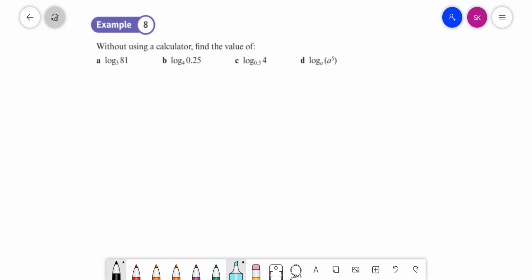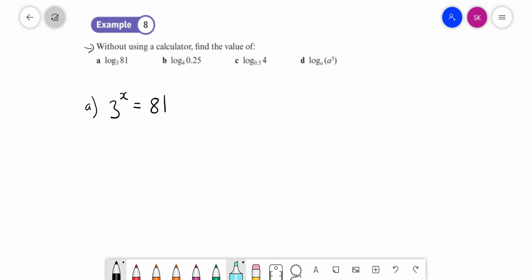So for question A, log of 81 with base 3, that's how you say it, the log of 81 with base 3 is the same as 3 to the power of something equals 81. For the time being, we're not using a calculator because that's what the question is telling us.